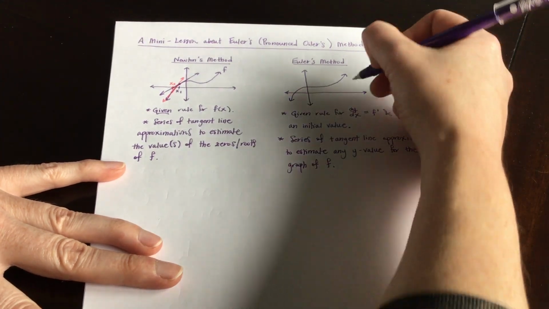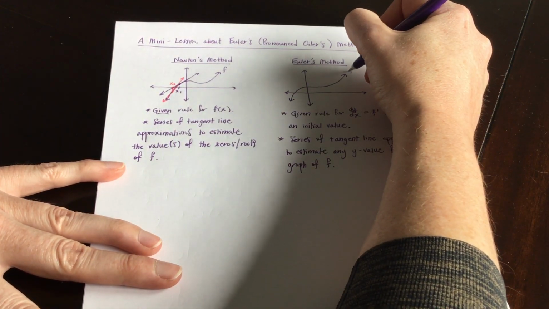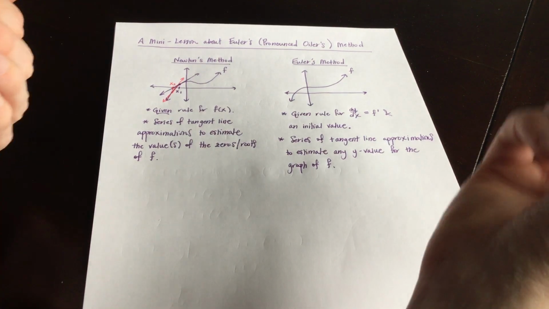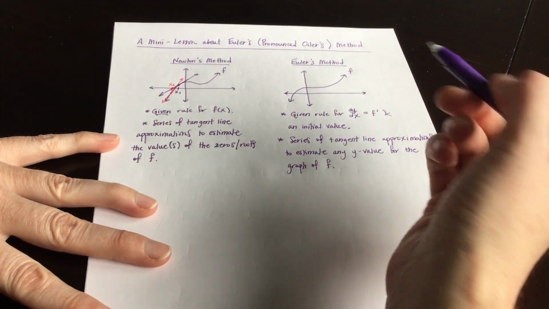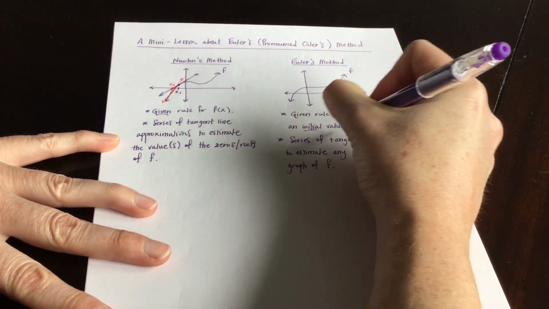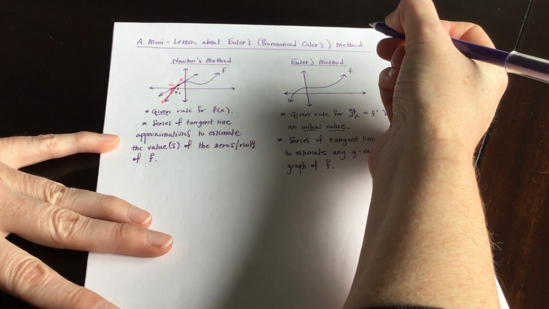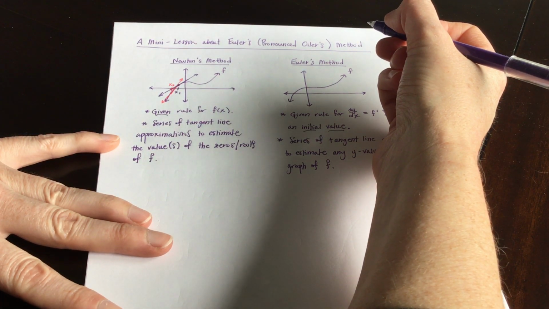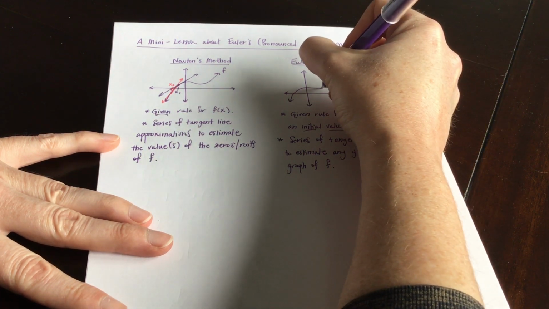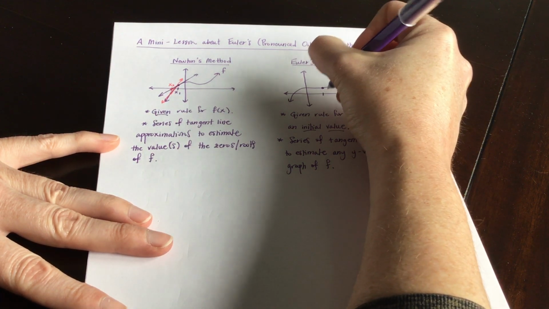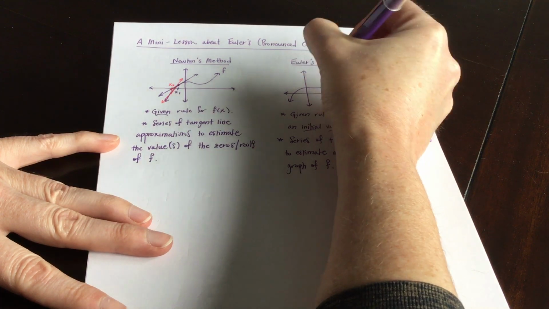I don't know. So let's say that this is what the function rule actually looks like, even though we wouldn't especially know that. Here's what we would know. We would be given an initial value. So for example, maybe they say something like f of, let's say they tell you this point right here. They're like, okay, f of 5 is 2.